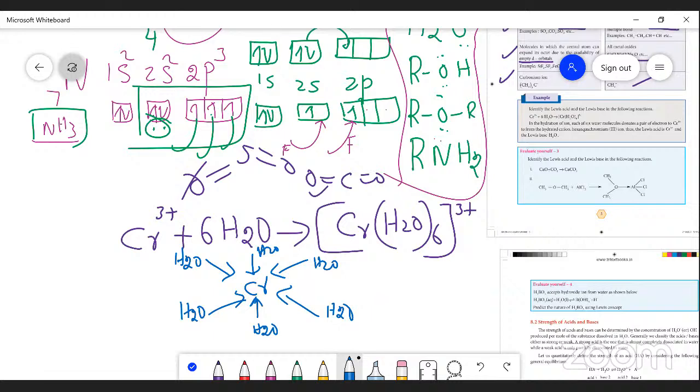So chromium 3 plus is the acceptor, an acid, an electron acceptor. The water molecule is donating, so that's a base. Then evaluate.